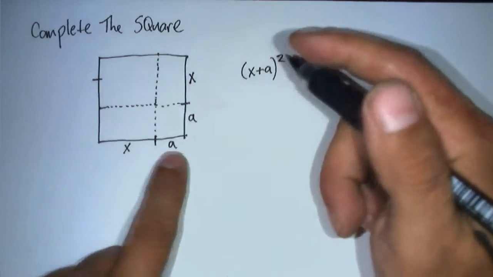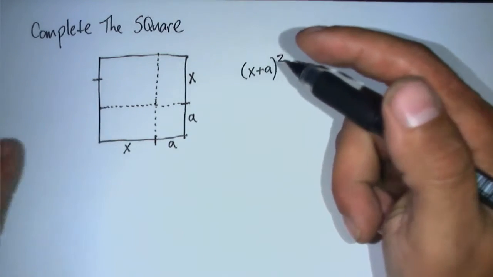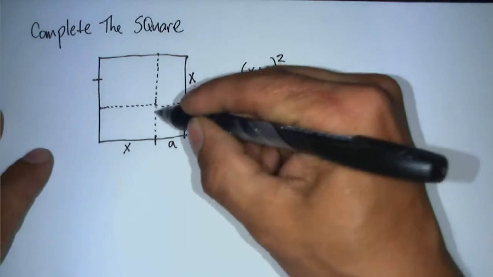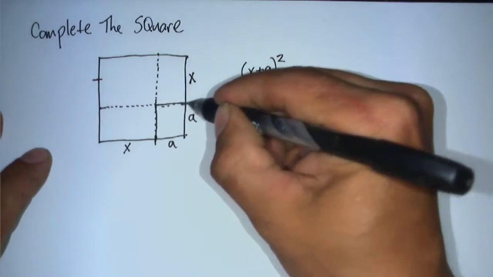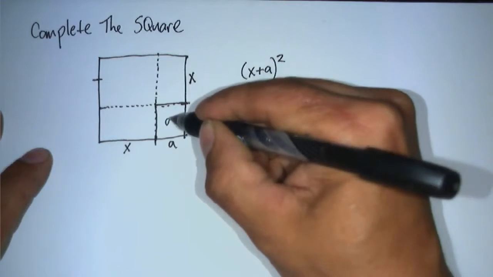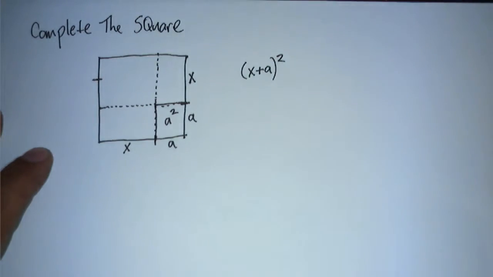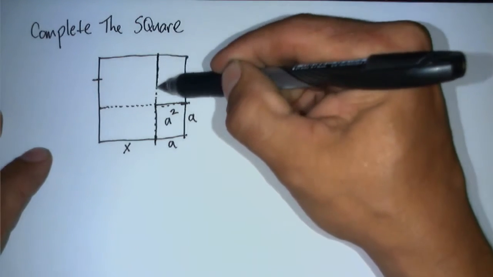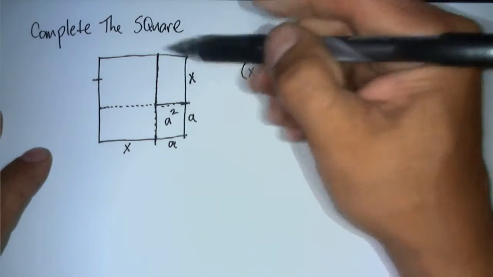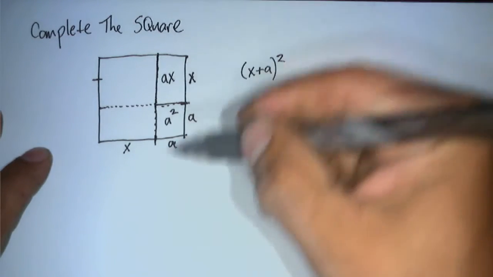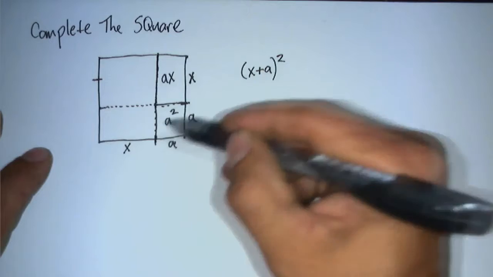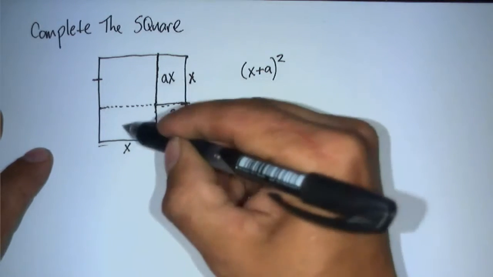So let's look at the little parts that are inside this square so that we can find the area. Well, this little square here is a times a, which is a squared. And this rectangle here is a times x, which is ax. And so is this area, a times x, which is ax.